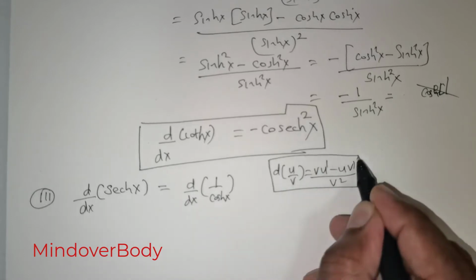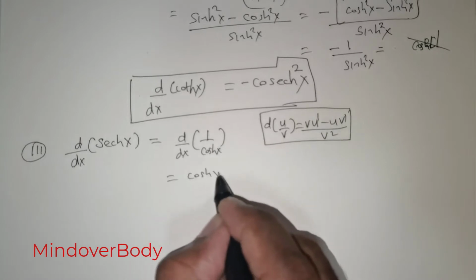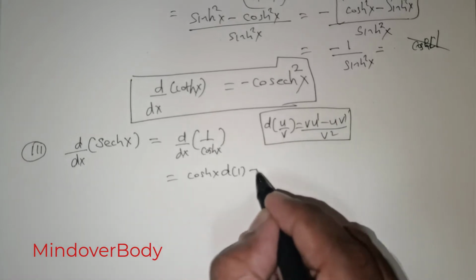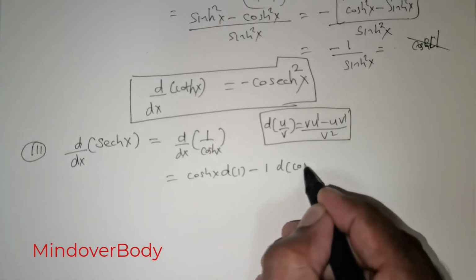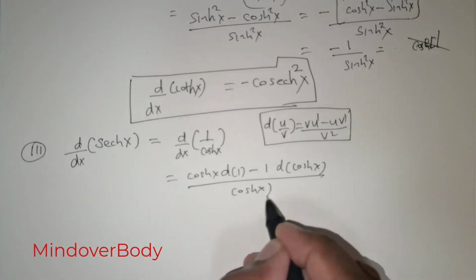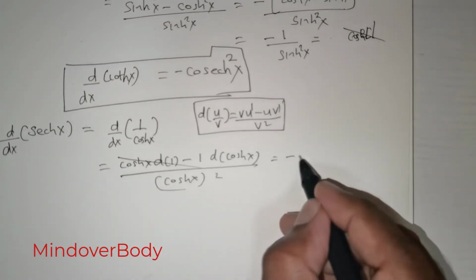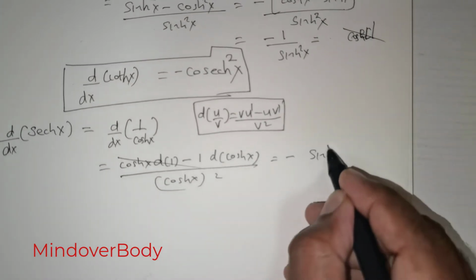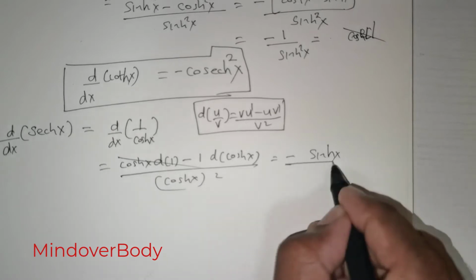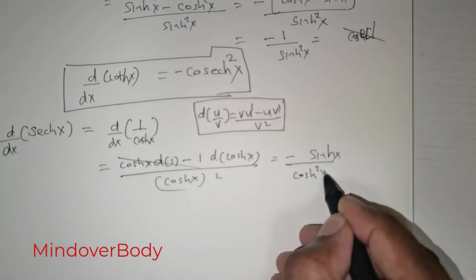By this formula, this is going to be cosh x times the differential of 1, negative 1 times the differential of cosh x, divided by cosh x raised to the power of 2. This is going to be 0. This is negative, the differential of cosh x is sinh x, divided by cosh squared x.